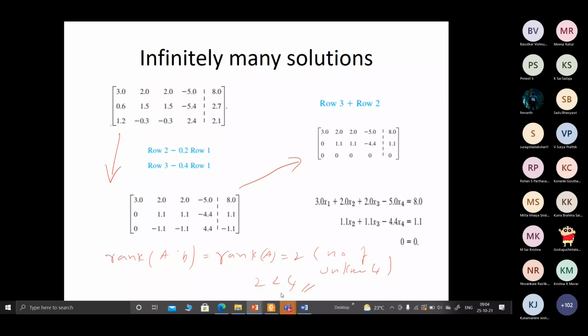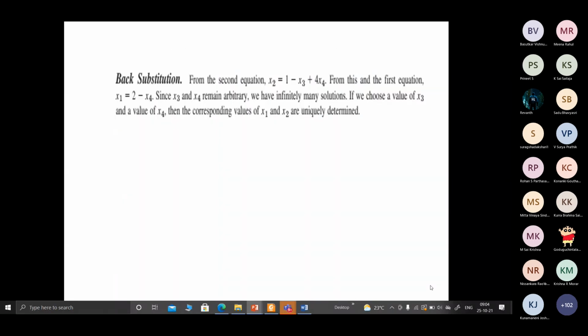As I told you, the rank is 2, but the number of unknowns is 4. You have to set 2 constants, 2 variables are arbitrary. So what we do is set x3 equal to k1, x4 equal to k2. That's the idea, and that's what is explained here.